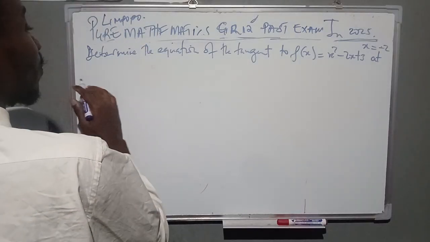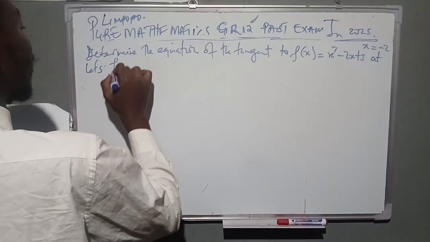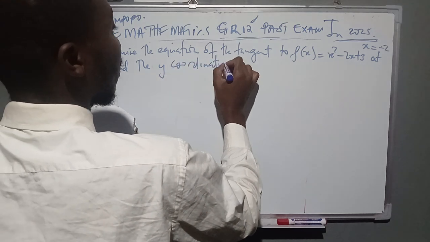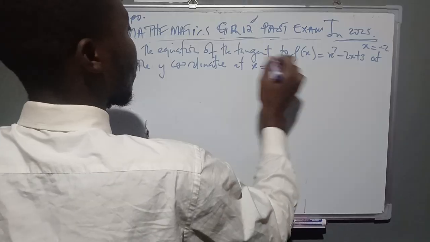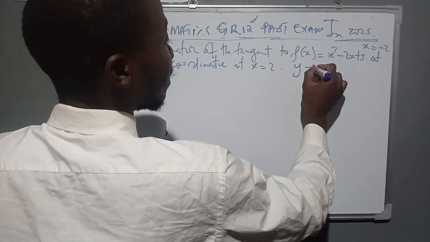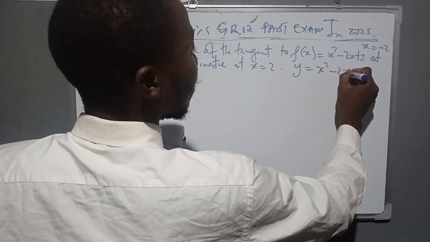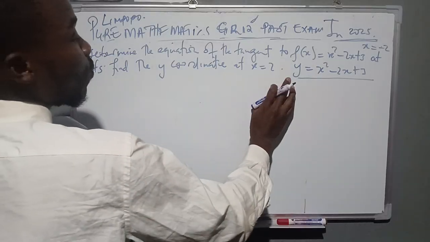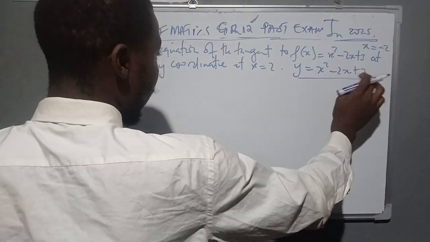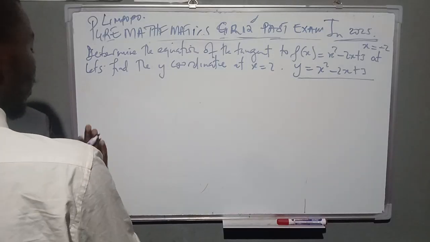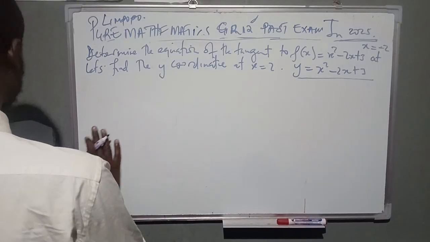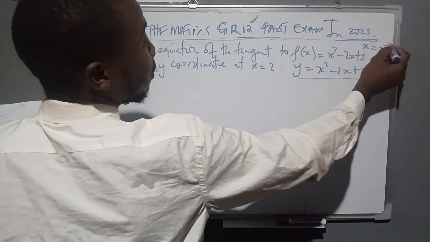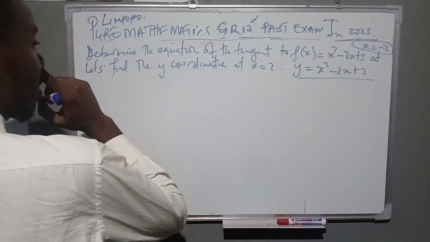So let's find the y coordinate at x equals minus 2, because our function can be written as y equals x squared minus 2x plus 3, right? So when we want to find the y coordinate, we evaluate the values of x, since x determines the value of y. We are given x equals minus 2, so let's evaluate when x equals minus 2.